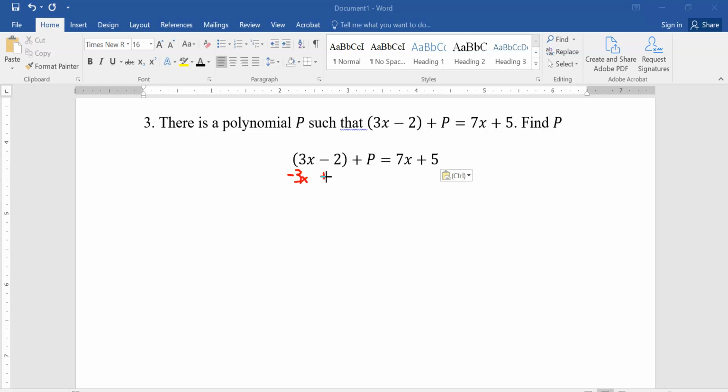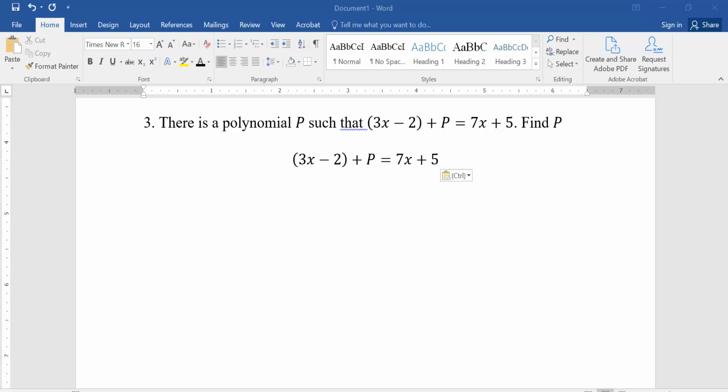We're going to add 2 on the left side. Now, if I do something to the left side, like subtract 3x or add 2, then I have to do that on the right side of the equation as well. So we're going to subtract 3x from both sides and add 2 to both sides of that equation.